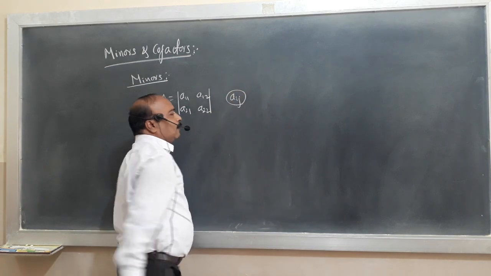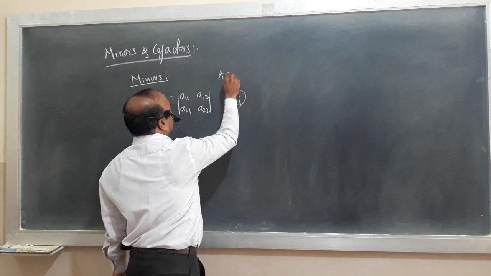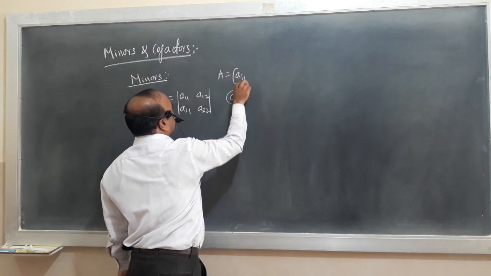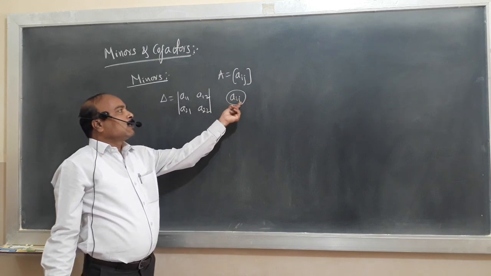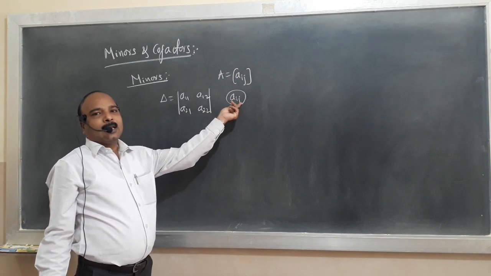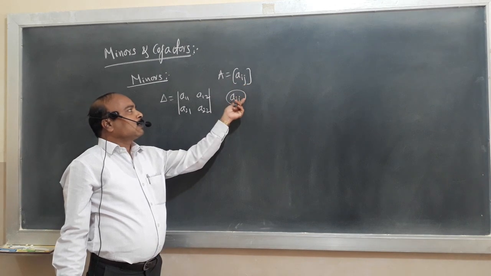Aij is the element of the matrix. If you consider the matrix A equal to Aij, it is a square matrix.